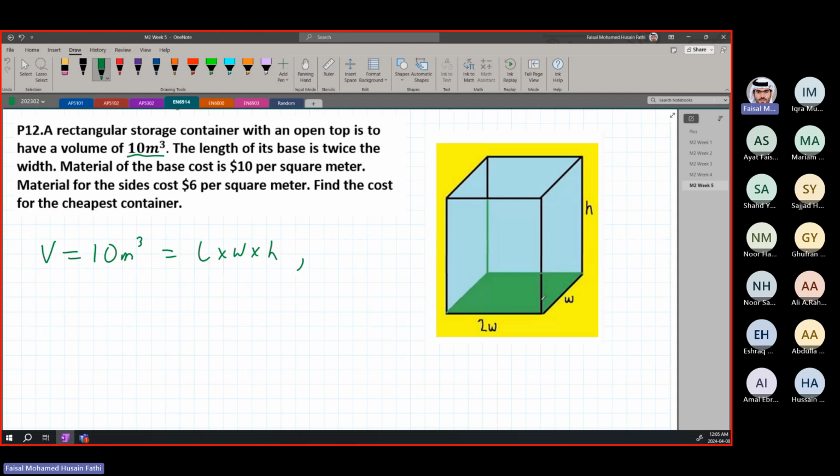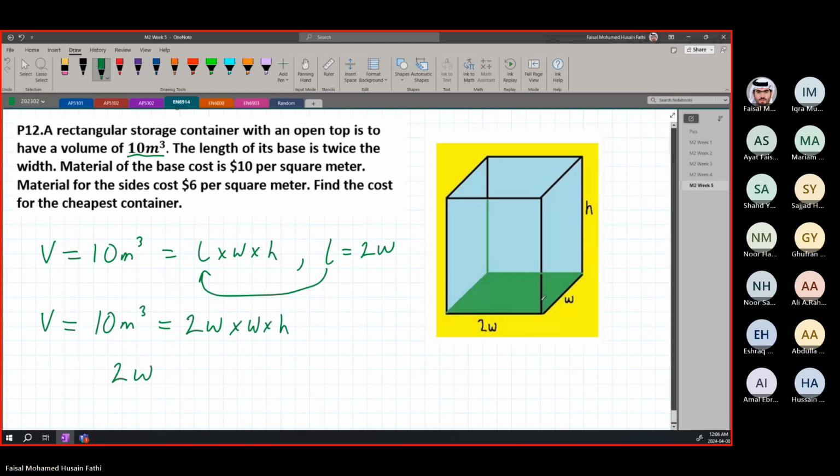So we already know that L is equal to 2W. So we can substitute this here and simplify. So the volume is 10 meters cubed, which is 2W times W times H. Or in other words, 2W squared H is equal to 10 meters cubed.